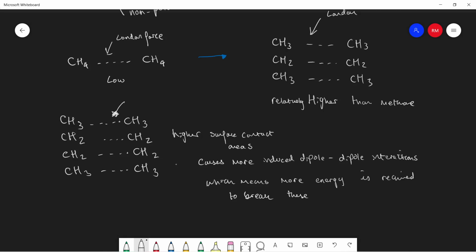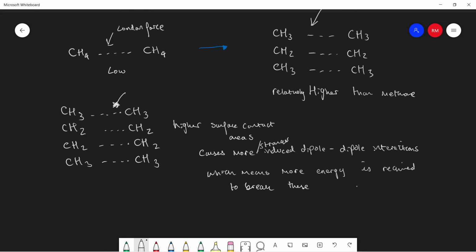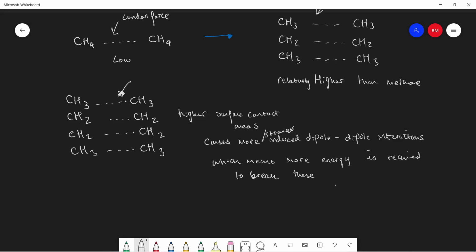More, or you can reference here, causes more or stronger induced dipole-dipole interactions, which means more energy is required to break these intermolecular forces.